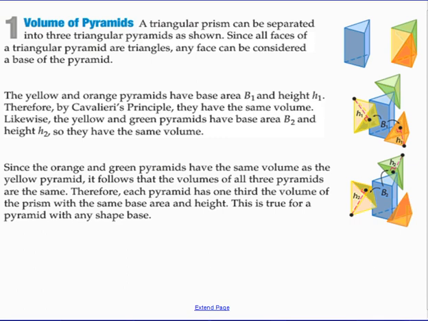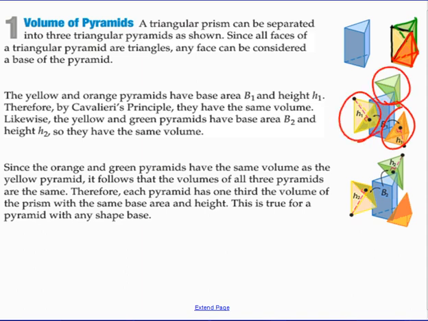But notice how in the triangular prism they have here, do you see how it is really 3 pyramids together? The green one is kind of in the back, and the orange one is probably the easiest one to see up front. A triangular prism is made up of 3 pyramids.